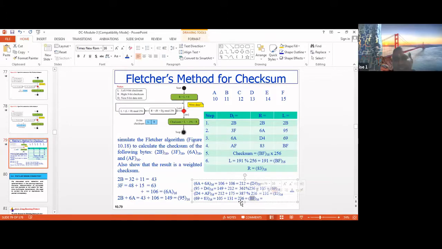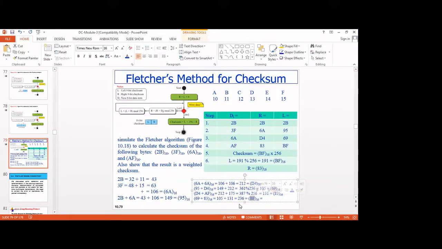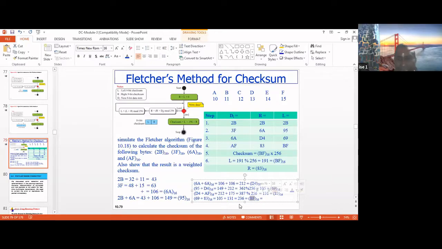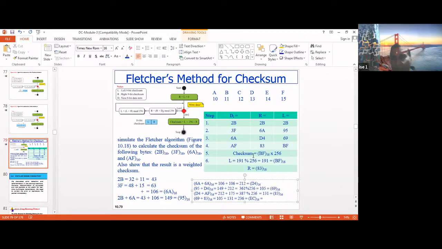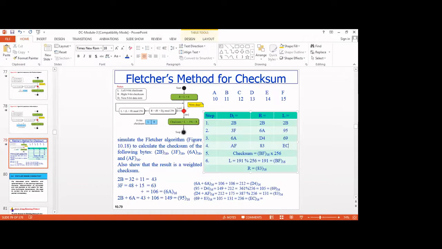How many times does it go? EC. E and C. E for egg, C for cat. Okay, EC. So this must be EC, yes?